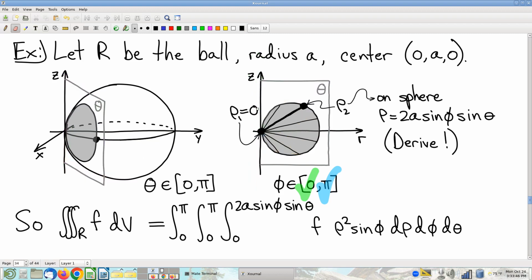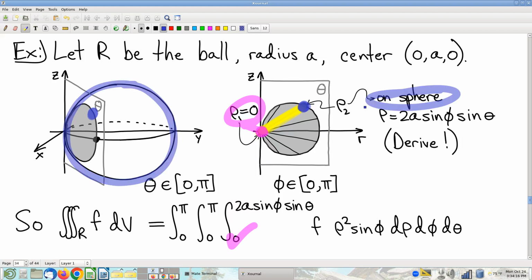Okay. And then for a given phi slice of our theta slice, which is actually just this little segment, rho starts at the origin, where rho is 0. Rho ends at this point up here, which is really this point over here, which is on your sphere.